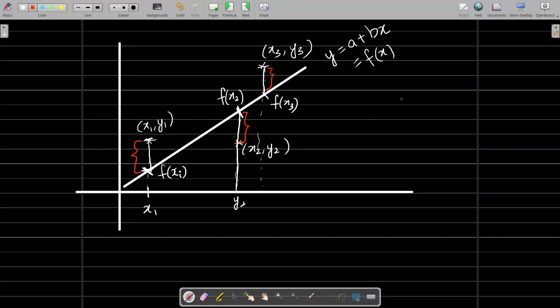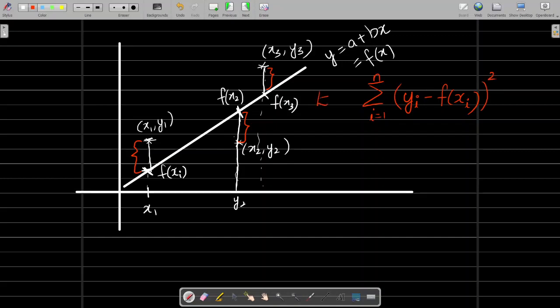So in general, yi minus f of xi is called the error. Okay, now the principle of least squares says that the sum of the squares of these errors should be minimum. That is, summation i from 1 to n of yi minus f of xi the whole square should be minimum.